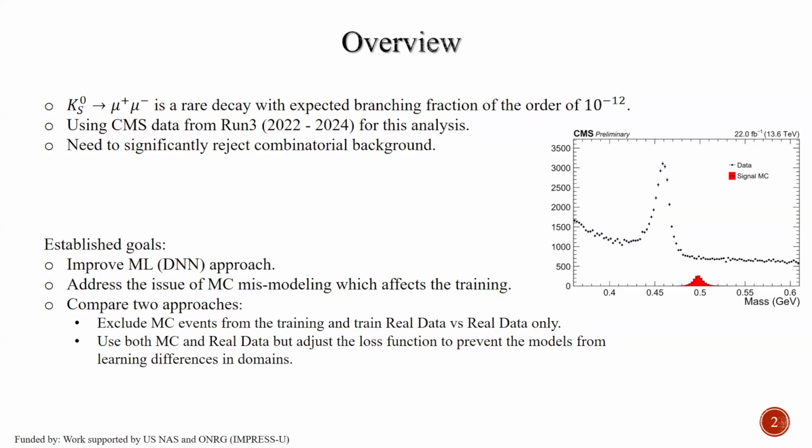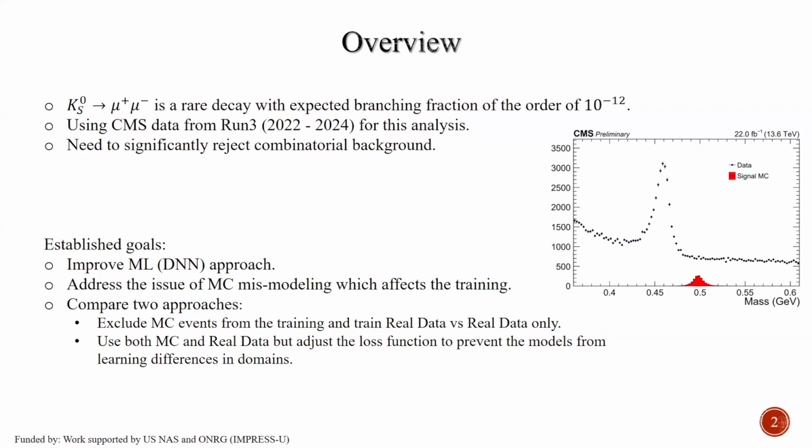This approach proved to be not very good. The problem was that the models were, to a large extent, learning to separate Monte Carlo and real data rather than just separating signal and background.